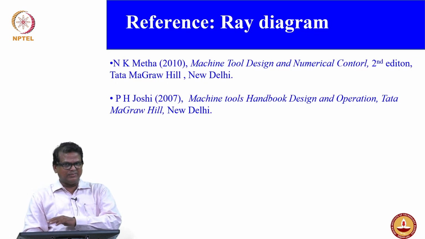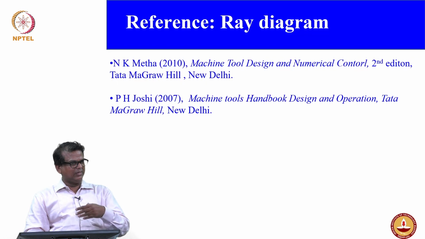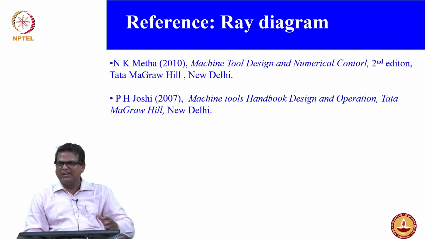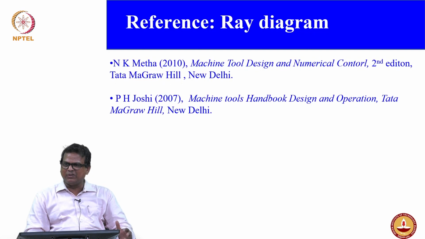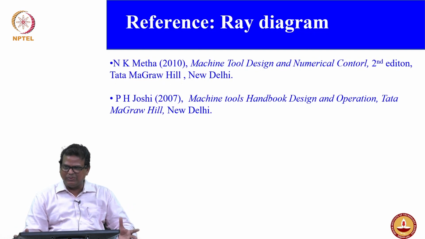So far, we have not done the design calculation. We have discussed the ray diagram and kinematic diagram. The reason is that your machine tool gearbox has so many different speeds, starting from 6 speed, 8 speed, 12, 15, 18, 24, and so on, whereas your automobile gearbox is limited to 7+1. So you may not understand the complete information.